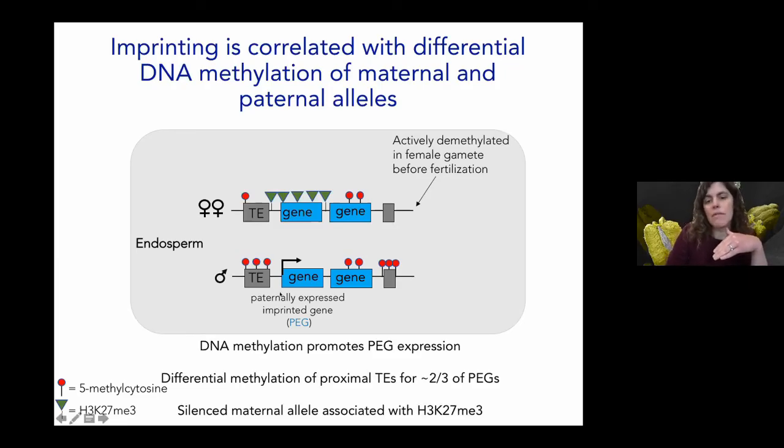For example, I'll focus on paternally expressed imprinted genes, or PEGs, for most of this talk. Many of the PEGs that have been identified are associated with transposable element fragments that are differentially methylated between maternal and paternal alleles, with the methylated allele being the expressed allele. And the silenced maternal allele is associated with H3K27 trimethylation.